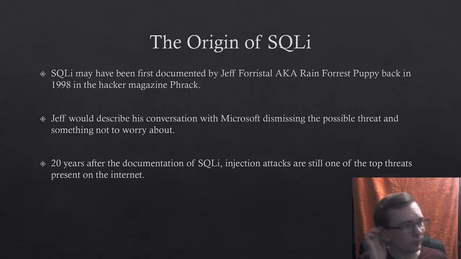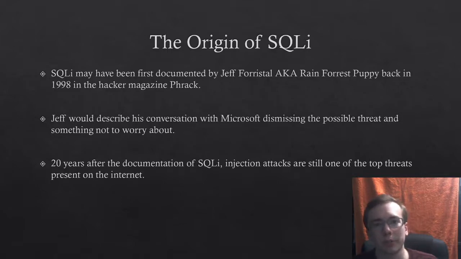Now, SQL injection. How long has it been around? Where has it come from? The answer is, essentially, this. SQL injection was first documented by Jeff Forristal, also known as Rain Forest Puppy, his moniker back in the day, in 1998 in the hacker magazine Phrack. Essentially, he described his conversation with Microsoft dismissing the possible threat as something not to worry about.